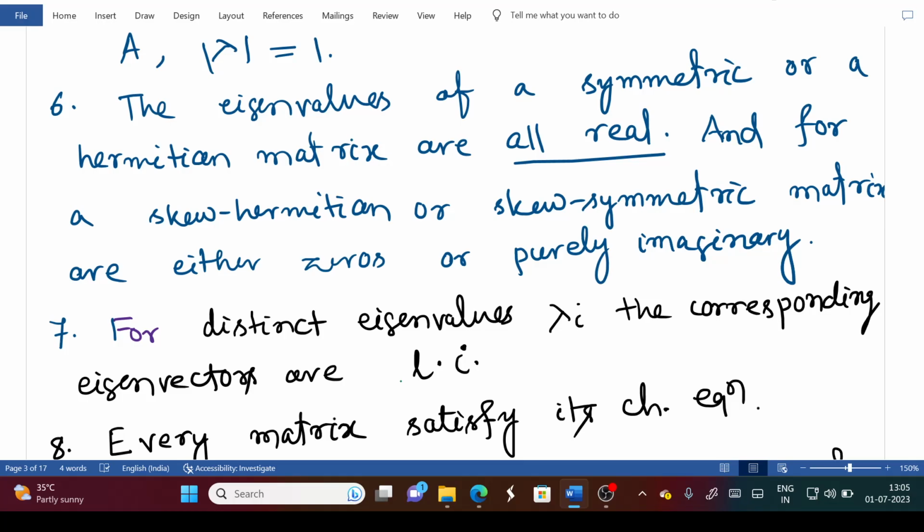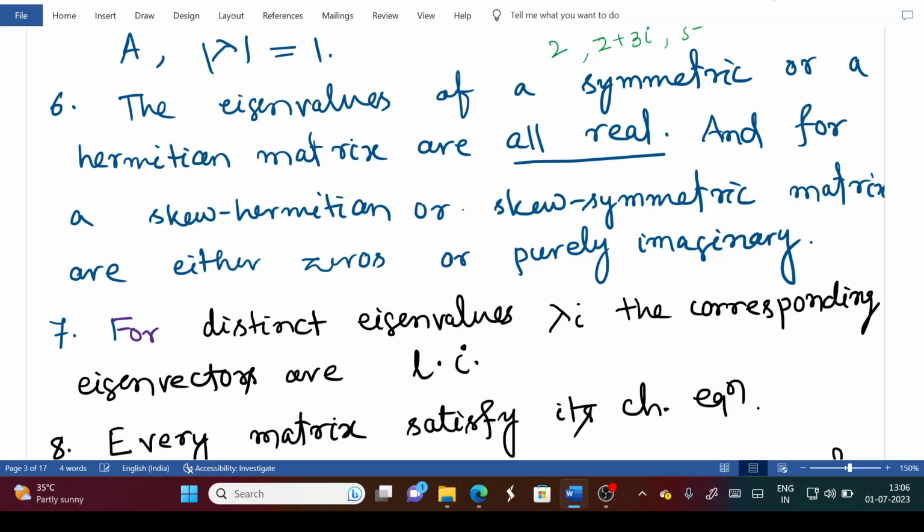The eigenvalues of a symmetric matrix or Hermitian matrix are all real, and for a skew Hermitian or skew symmetric matrix they are either zeros or purely imaginary. That means if somewhere in a competitive exam the eigenvalues of a matrix are 2, 2 plus 3i, 5, what about the symmetric or skew symmetric property of the given matrix?